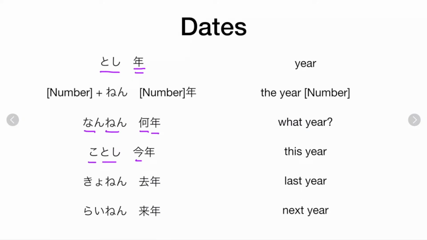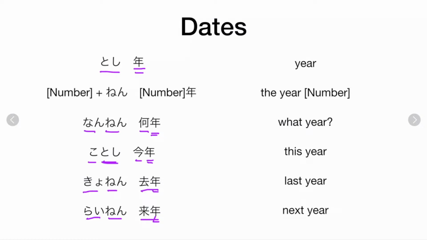Kotoshi, this year. So it's toshi in this case because kotoshi was already a word in Japanese. So this year specifically is called kotoshi. But then you have kyonen, which is last year, and rainen, which is next year. Okay, so again, you're going to see this nen in all of them.